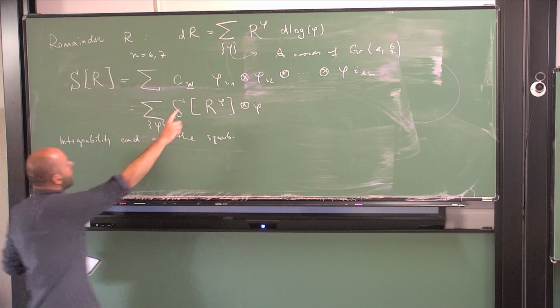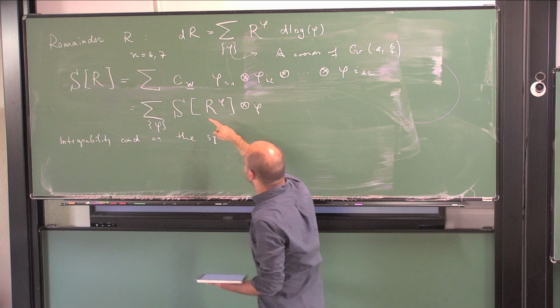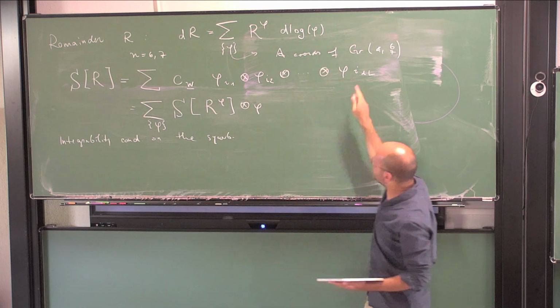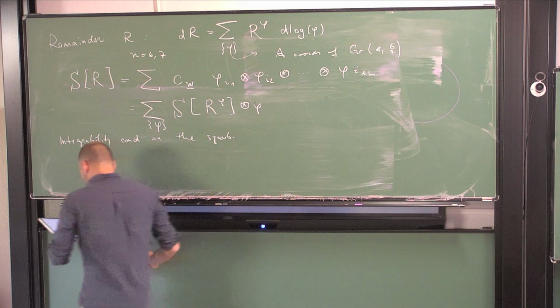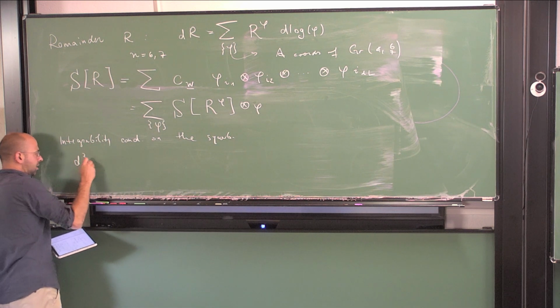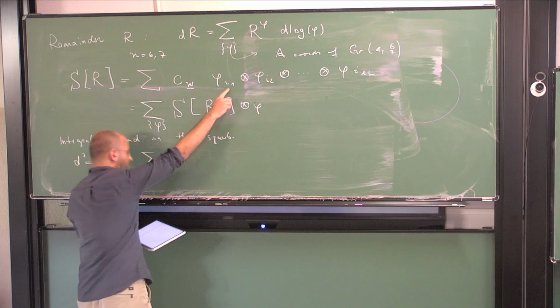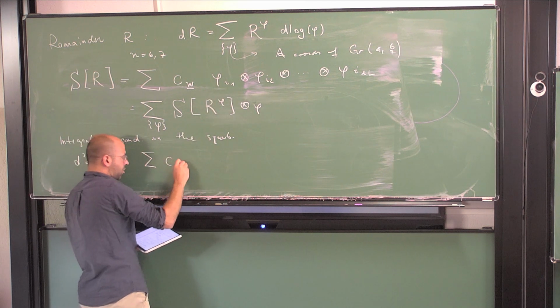From here, you can see roughly that the derivatives will act on the final entry of the symbol. So if you want d squared equals 0, then what this implies on your symbol are equations like that.